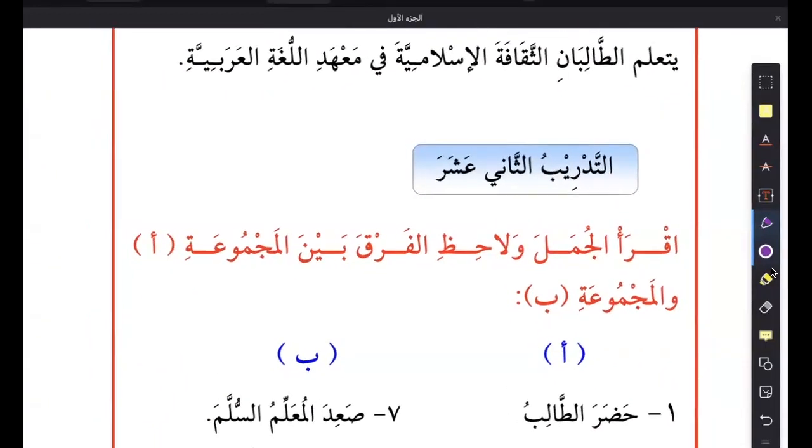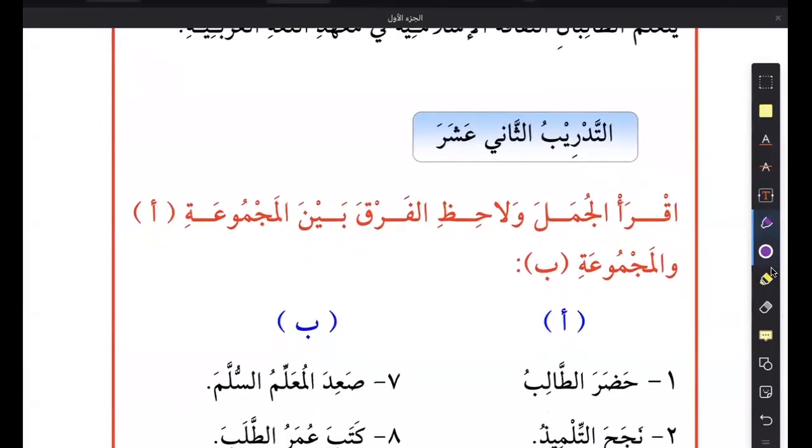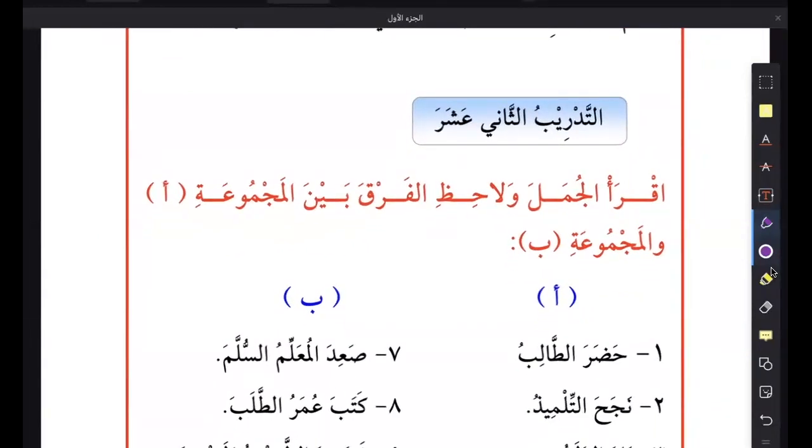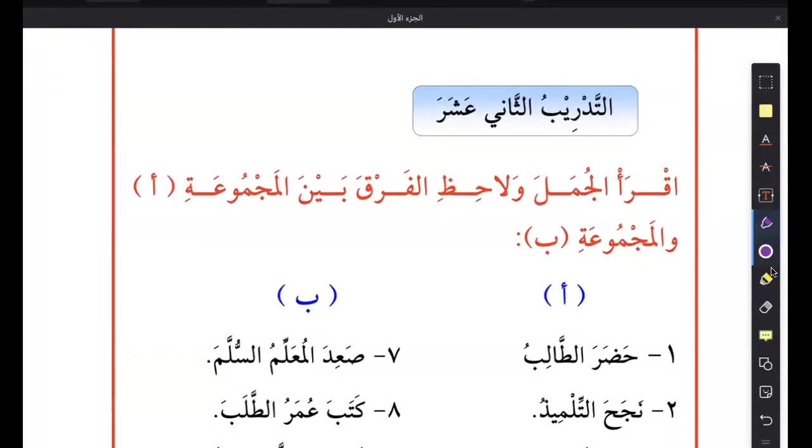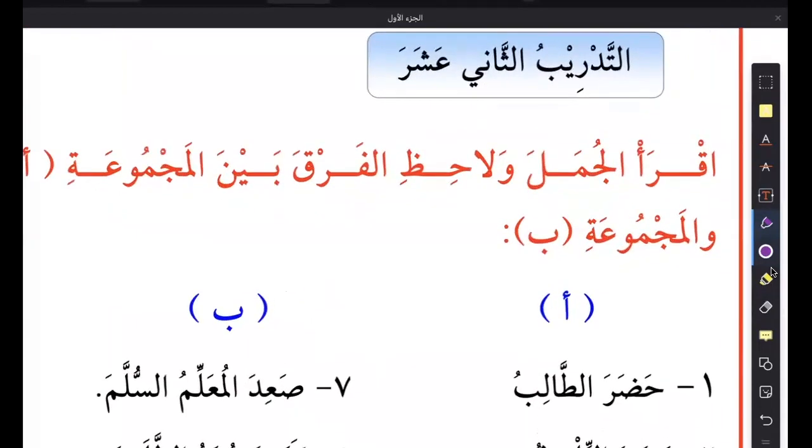It says, اقرأ الجمل ولاحظ الفرق بين المجموعة ألف ومجموعة باء. So read the sentences and note: لاحظ, يلاحظ.